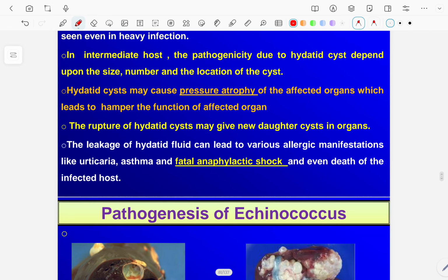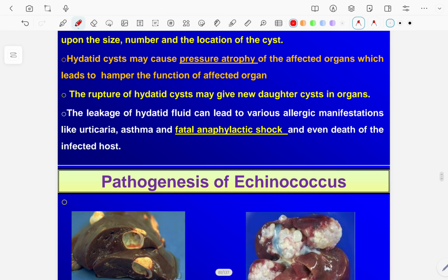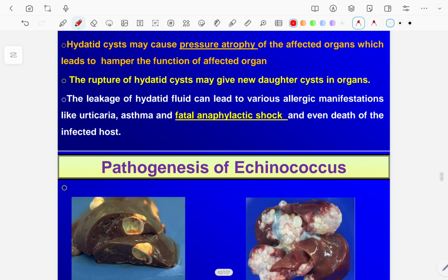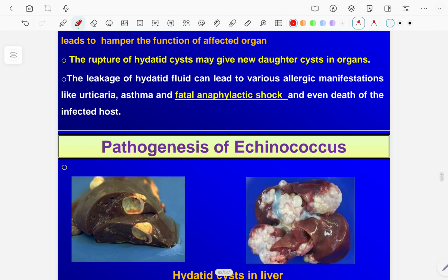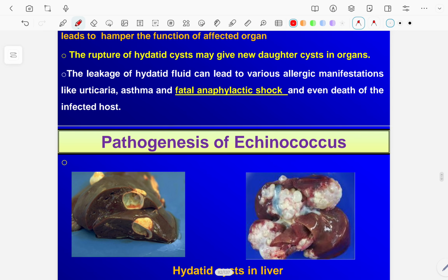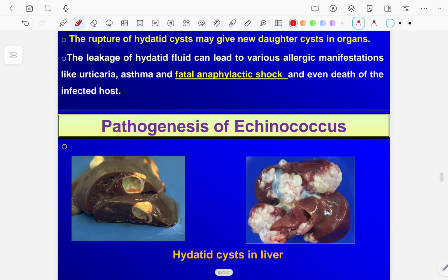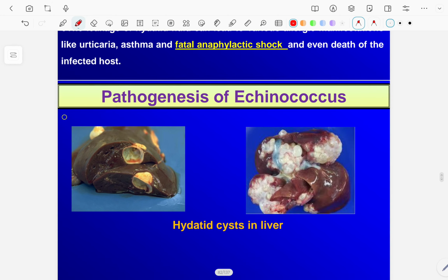The hydatid cyst may cause pressure atrophy of the affected organs, which hampers the function of the affected organ. Rupture of the hydatid cyst may give new daughter cysts in organs. Leakage of hydatid fluid can lead to various allergic manifestations like urticaria, asthma, and fatal anaphylactic shock, and even death of the infected host.